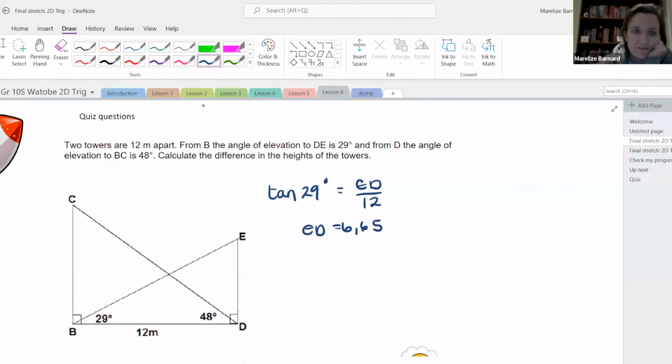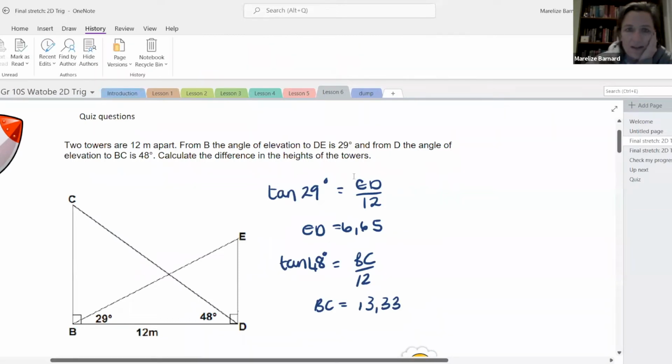And then the height of tower BC, we can do tan again, but this time for 48 degrees. So tan 48 is BC over 12. And then we times by 12 on both sides, and then BC is 13,33.